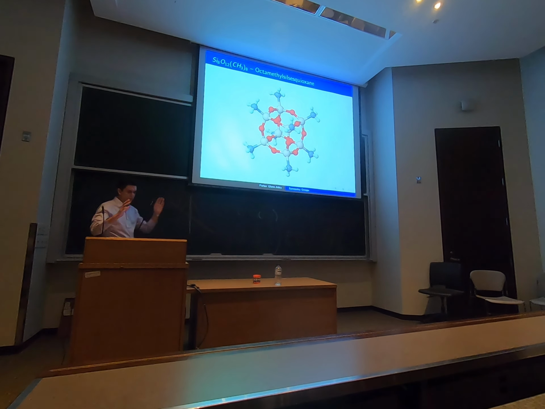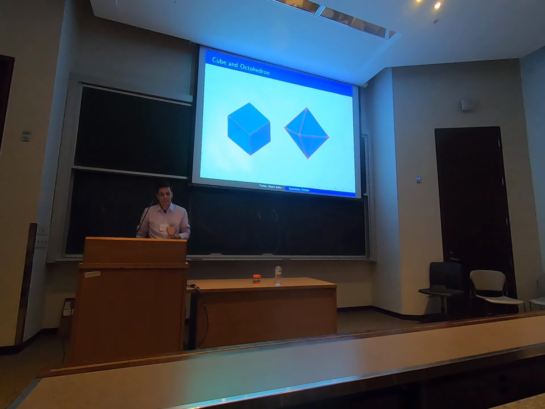Now that we've learned all about cycles and symmetries, I want to get our hands dirty and actually do something with it. We don't have those models though. We've got these models.